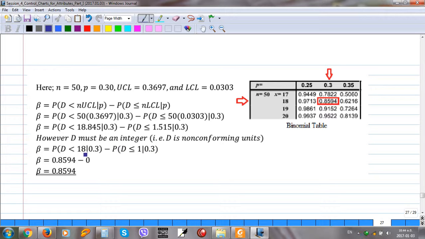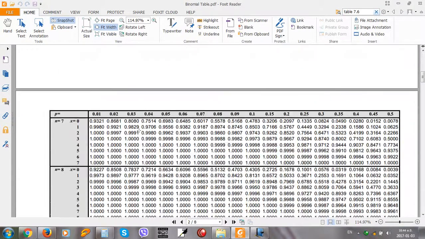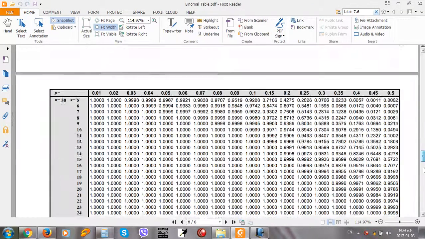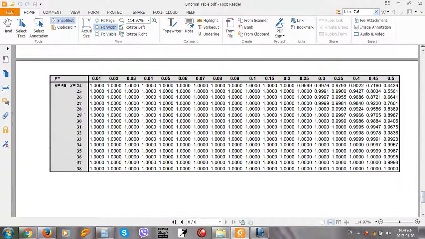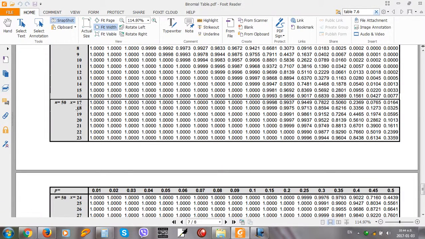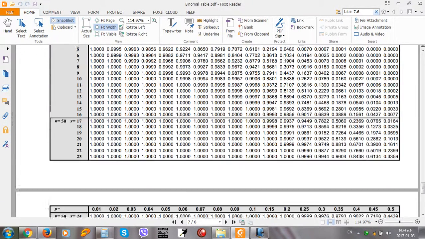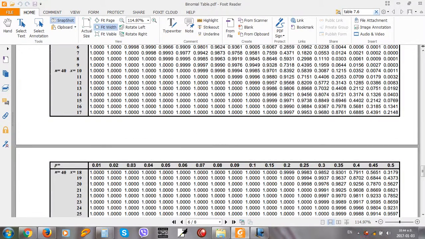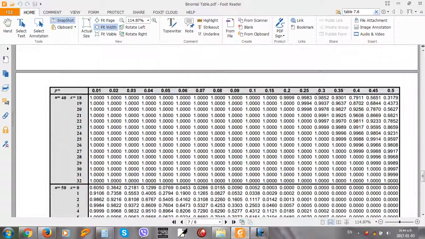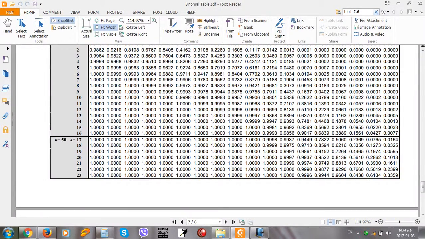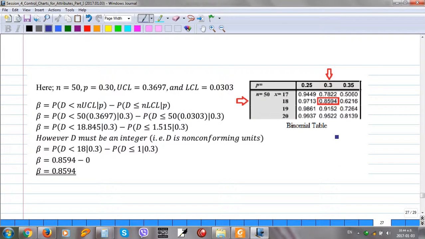I told you these things are from the binomial distribution, so you have to use the binomial table. This is the binomial table. So here n equals 50 and x equals 18, these are the values, and the probability is given there. Here 0.3 probability, this probability you have to use. With 0.3 probability and n equals 50, x equals 18, this value comes 0.8594.